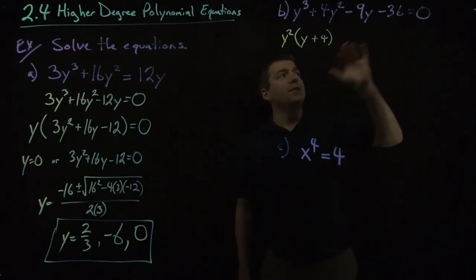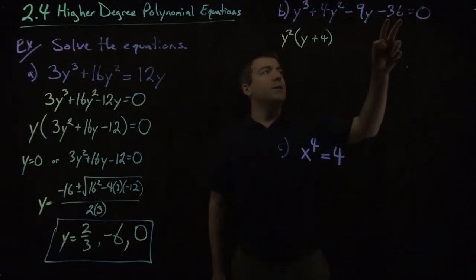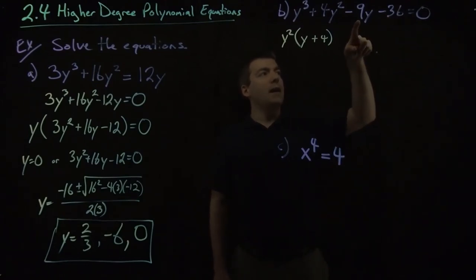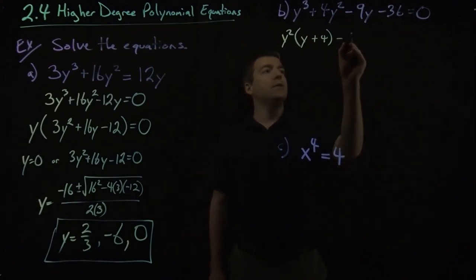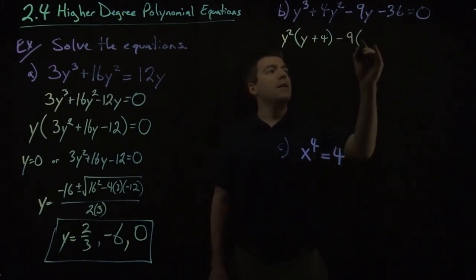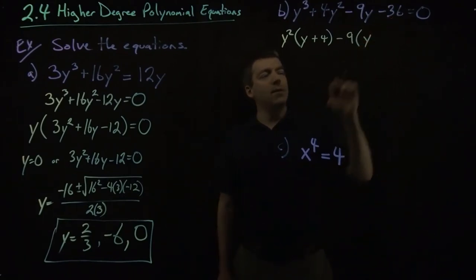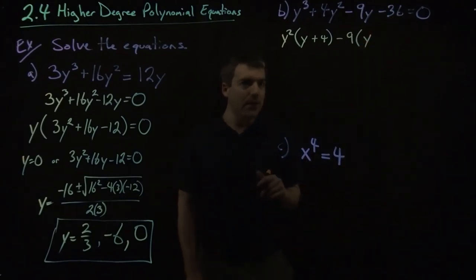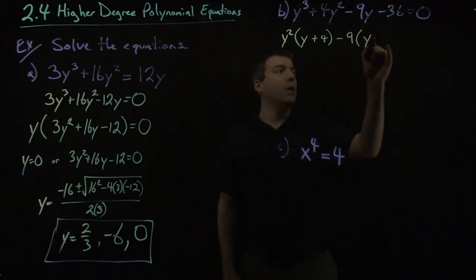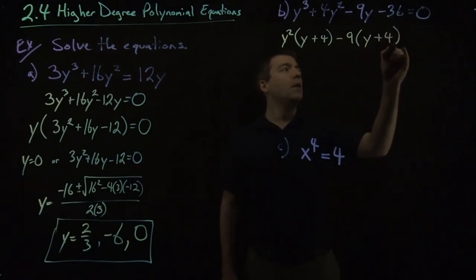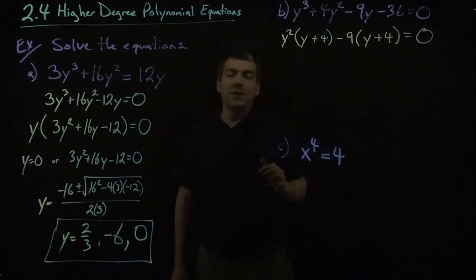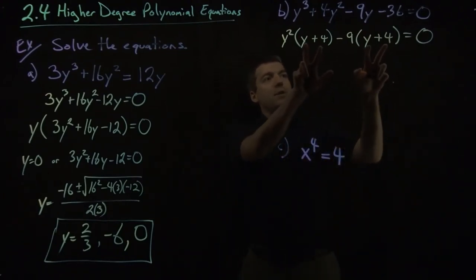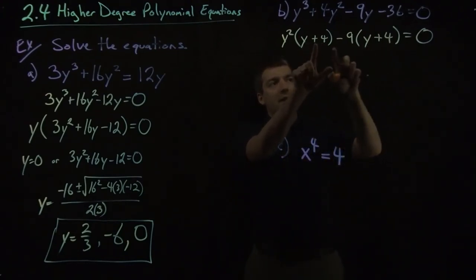If we look at the next two terms, there are common factors. We've got a negative 9, and there's a negative 9 in 36 as well. So we'll factor that out: minus 9 times y, and if we factor out a negative 9 from negative 36, we're left with plus 4. This is very good because these y plus 4's match in these two terms.